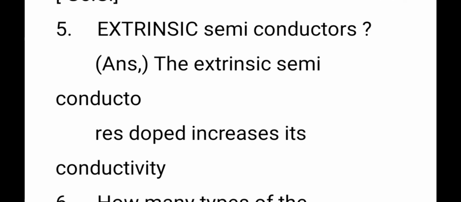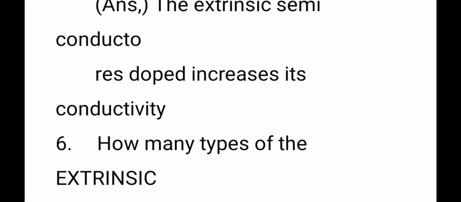The next question, extrinsic semiconductors. These semiconductors are doped to increase the conductivity, because pure semiconductors are bad conductors of electricity.